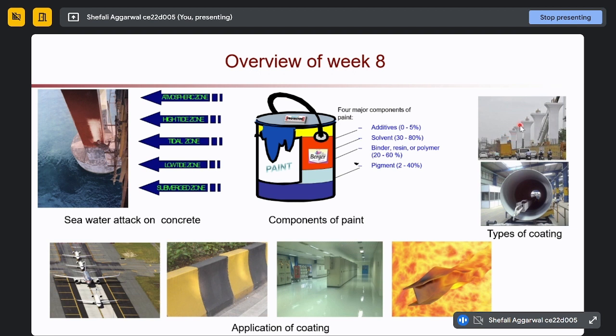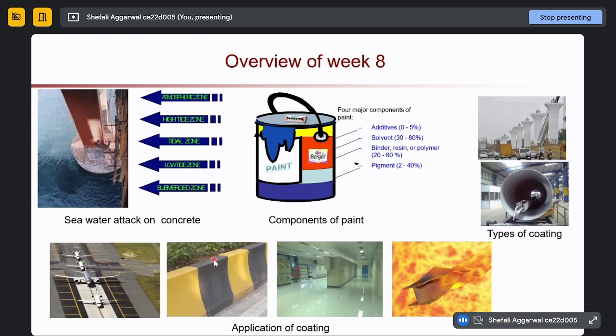Like in this figure, this is anti-corrosion paint, which has been applied to the piers, and this is concrete mortar paste coating. Then, based on the application, what kind of coating we can use. Like for an airport runway, what type of coating is used on this surface and why.